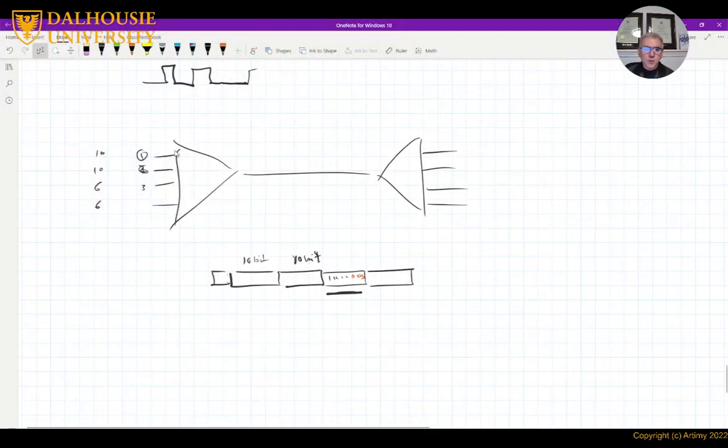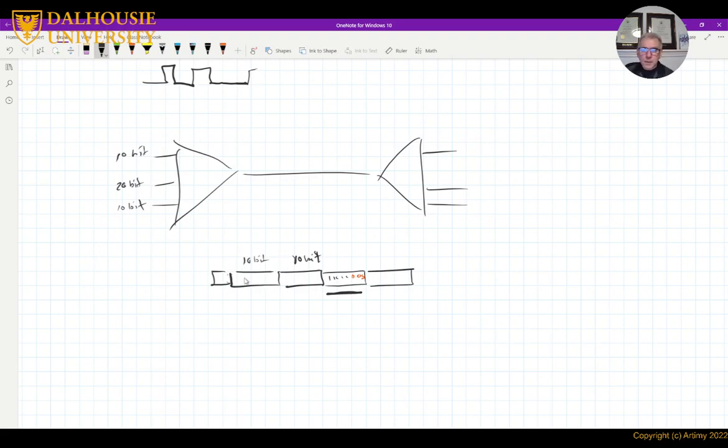So let's assume, back to my example, I have 3 inputs and 4 time slots. This sends 10 bits every frame. This sends 20 bits every frame, and this sends 10 bits every frame. So how do I handle this?